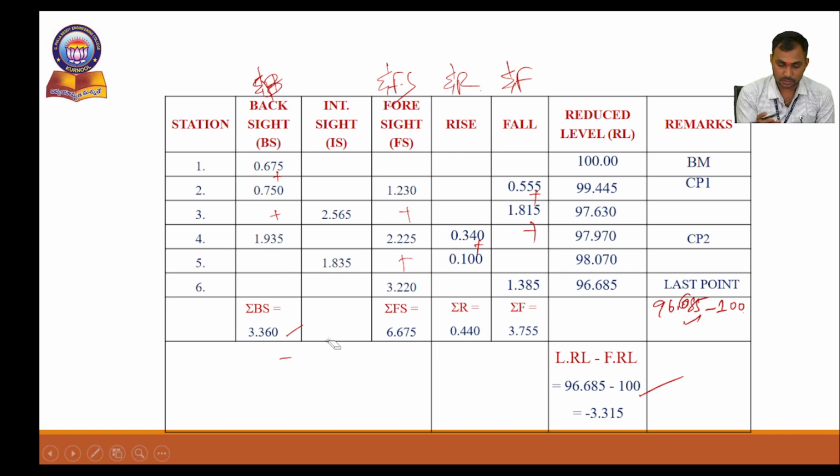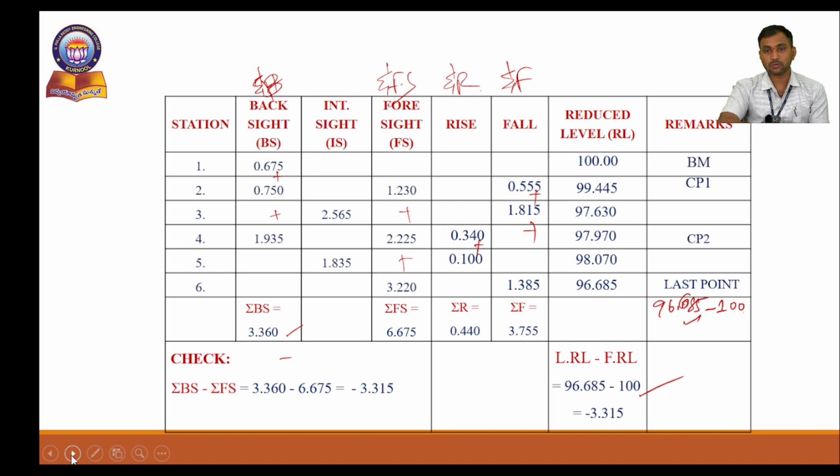Summation of backsight is 3.360 minus summation of foresight 6.675. The value we get is minus 3.315, equal to last RL minus first RL. Hence the backsight and foresight values satisfy the condition.